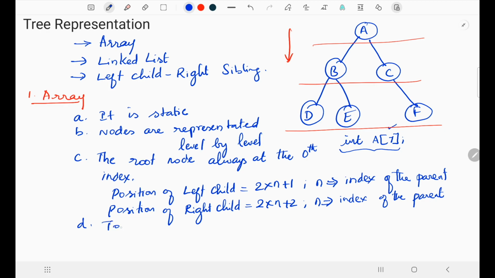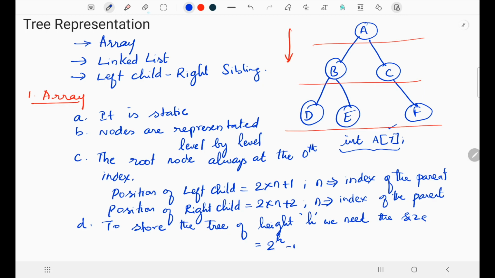So to store a tree of height h, we need the size equal to 2 power h minus 1.